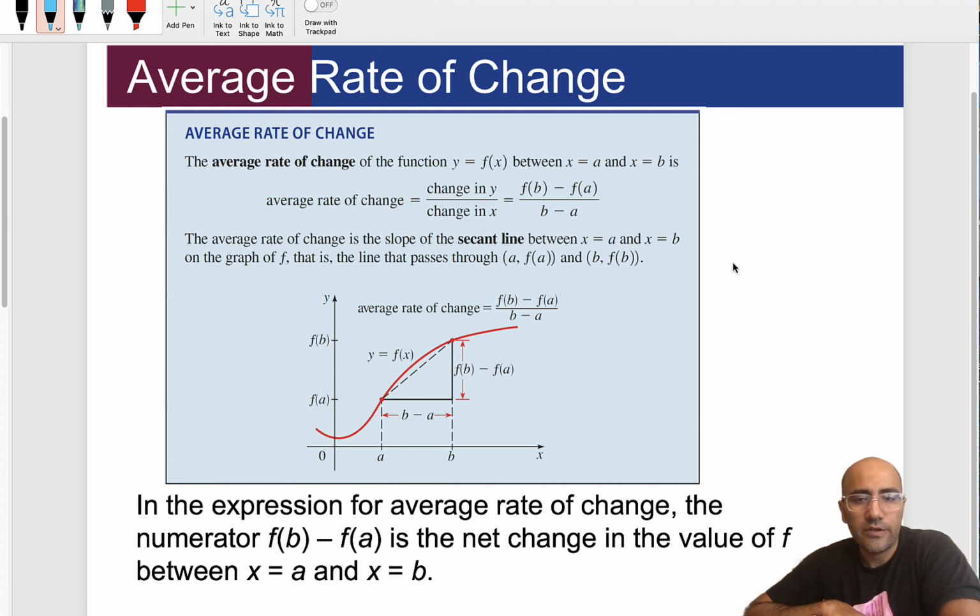So in general, here's more of a generic kind of graph. If we have this curvature, this red curve here, defined as a function f of x, and we want to find the average rate of change of the function f of x between the points x equals a and x equals b, then what we want to do is find the change in y and divide it by the change in x.